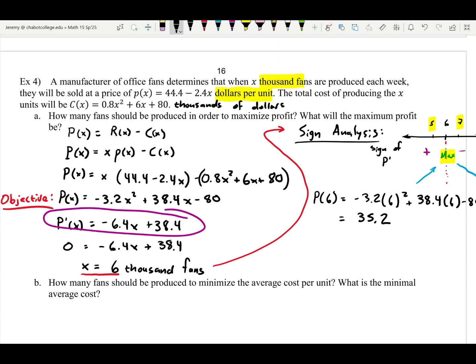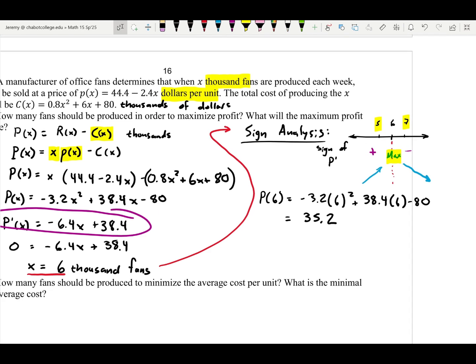And our profit function is going to be the same because, if C of x is measured in thousands of dollars, and then our revenue function came from price, which is price per unit, times x, which is measured in thousands of fans, this is also going to be measured in thousands of dollars, this whole function, P of x. So that's all to say that this 35.2 is measured in dollars, more specifically thousands of dollars.